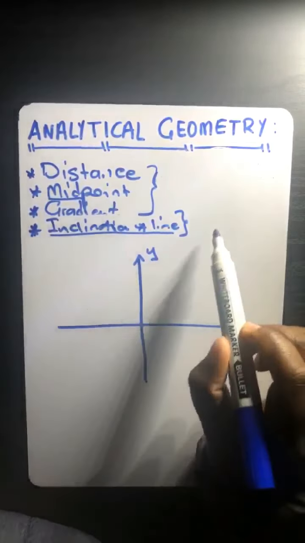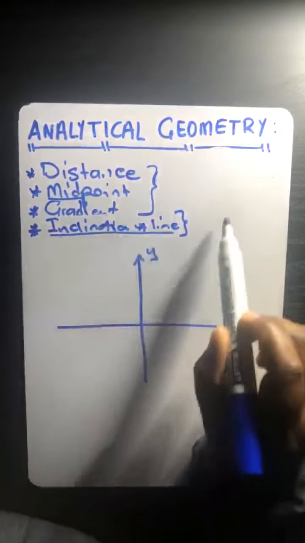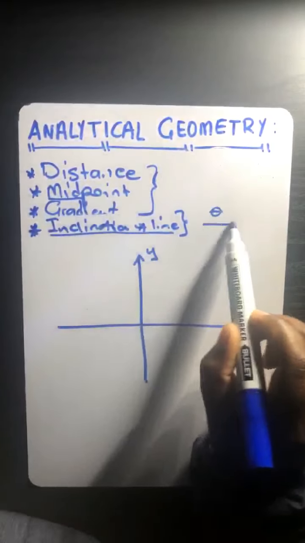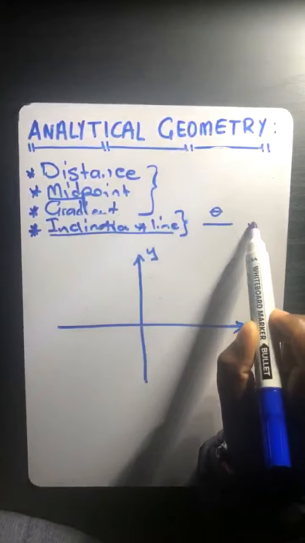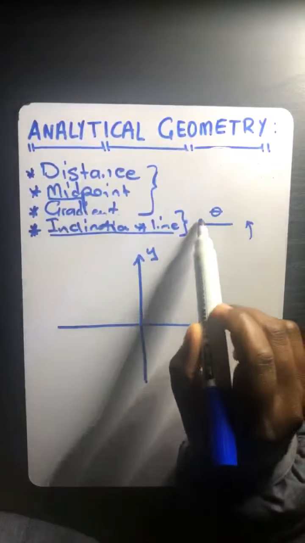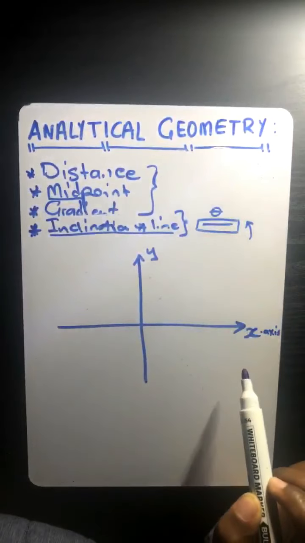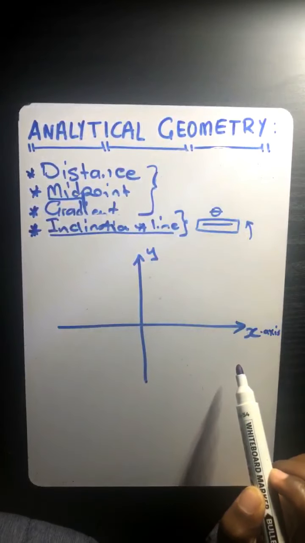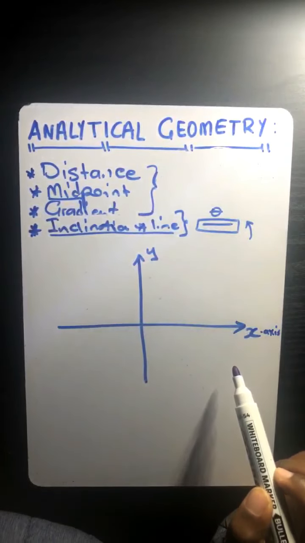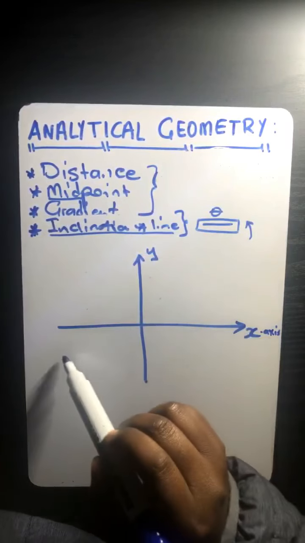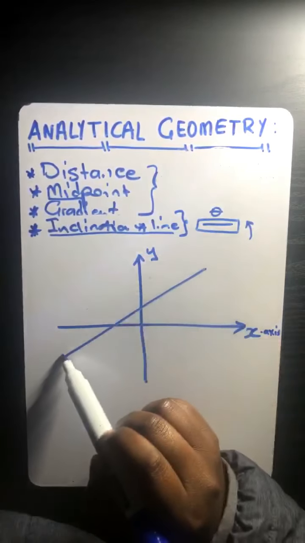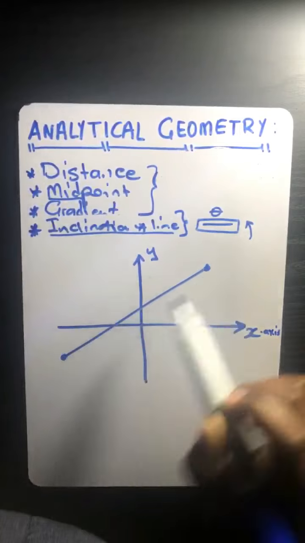Remember, when we define that, we talk about an angle, a horizontal, and an anti-clockwise direction. So already I've got the horizontal line, and then the angle being formed. There must be a line having 2 points.